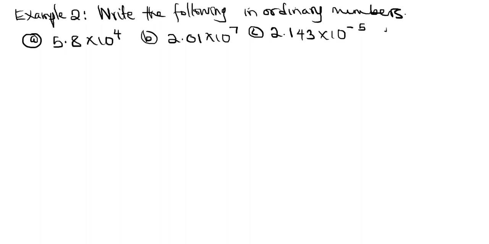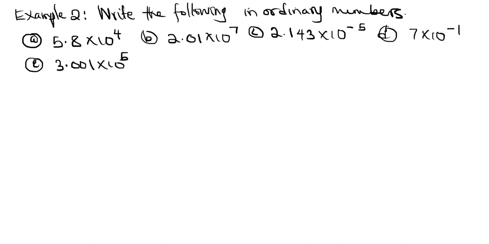And we have the next question, that's 7 times 10 raised to power minus 1. And the last one that we are going to consider is 3.001 times 10 raised to power 4. Okay, let's make this probably 5 times 10 to the power 5.